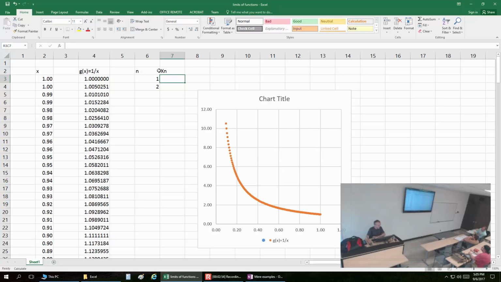This is our sequence of x's. Then the y's will be simply the reciprocal. We are applying the same formula, so it is equal to 1 over this thing. As you can see, it continues on. I don't need a lot of points, just what is it doing.